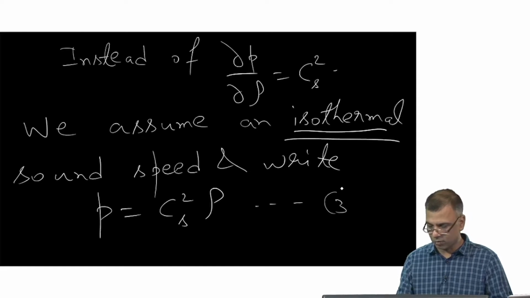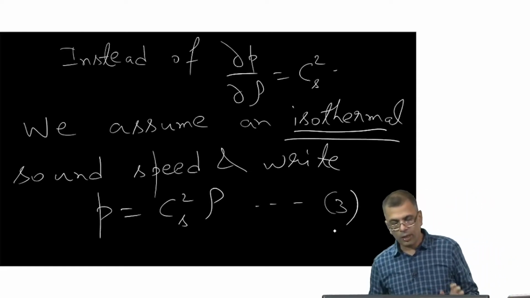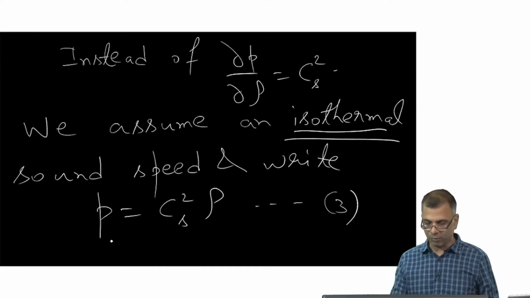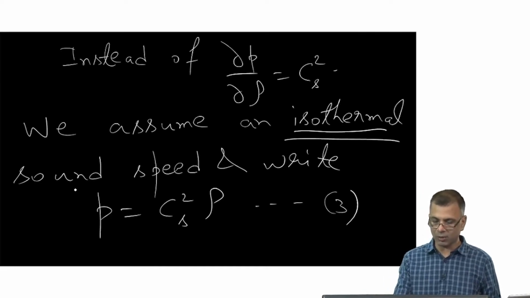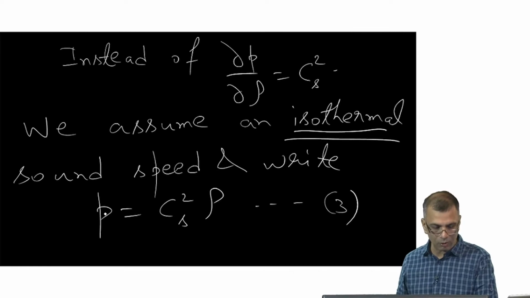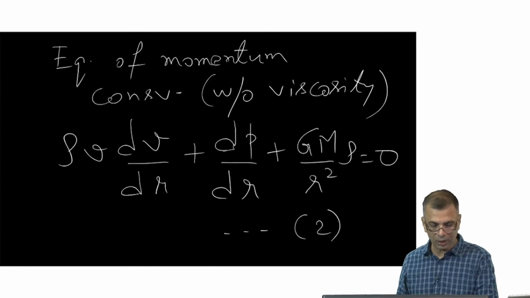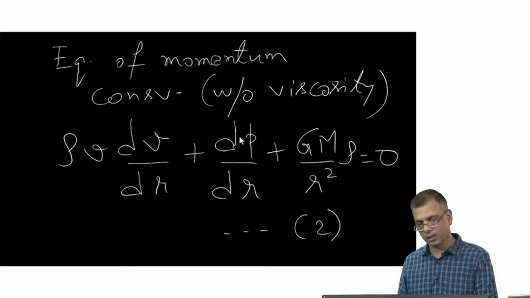Now, this is equation 3. This is another very important step. We are assuming an isothermal sound speed. So, in order to eliminate the P here, you see this P? I eliminate this P.